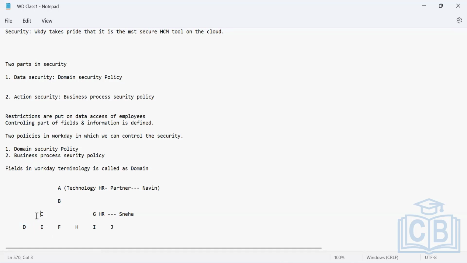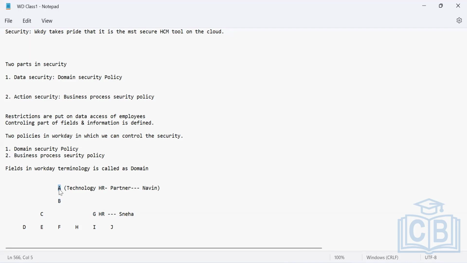So C will have a span of 10 plus 10 plus 10, 30, plus 3, right? So 33 employees are reporting to C. Same for G. B, how many will be there? 33 plus 2, 33 C and G, 7. Yes, right? And then the technology head will have 38 because B is also reporting to them.